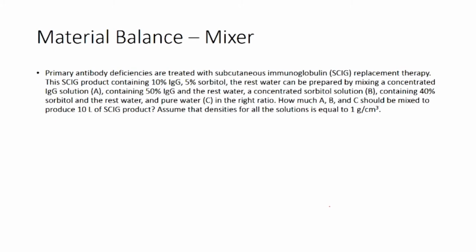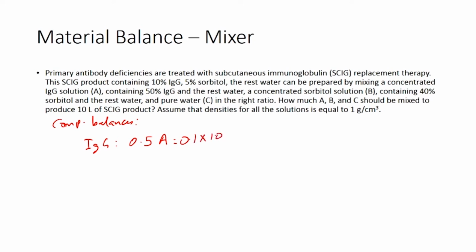Let us first start with IgG. When we write the IgG balance, we would have 0.5 times A is equal to 0.1 times the product, which is 10.